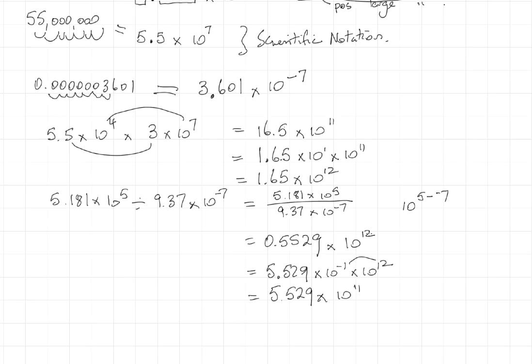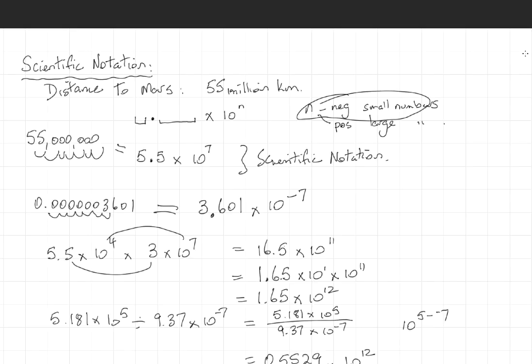So we've talked about multiplying and dividing scientific numbers, and the meaning of what scientific notation is all about. Always there is one digit before the decimal place, and then you can have any number of digits after the decimal place, like this one here.